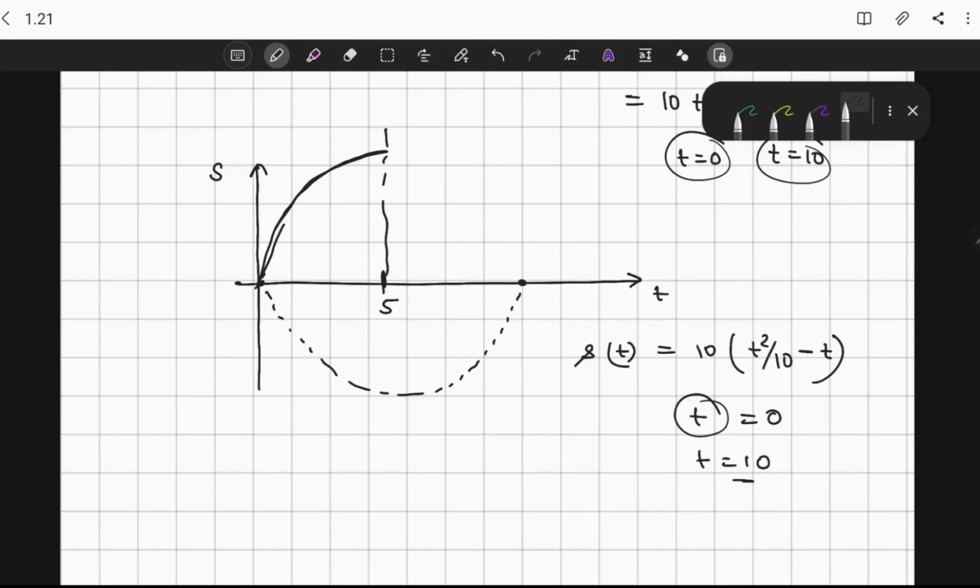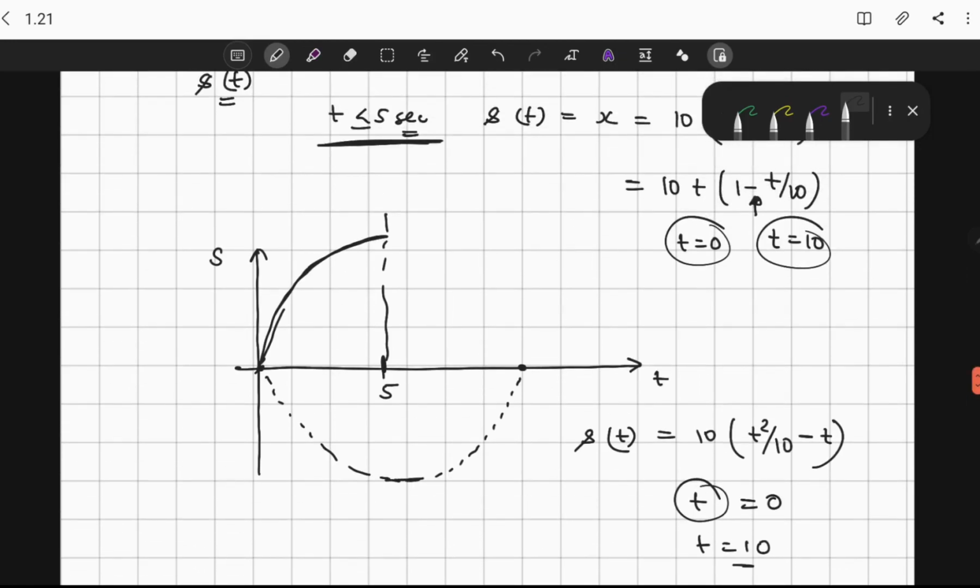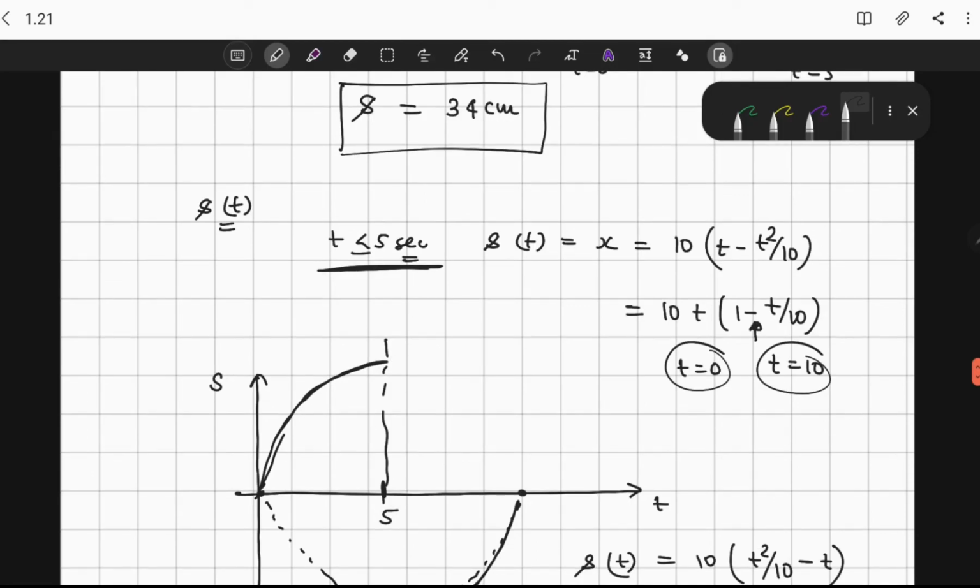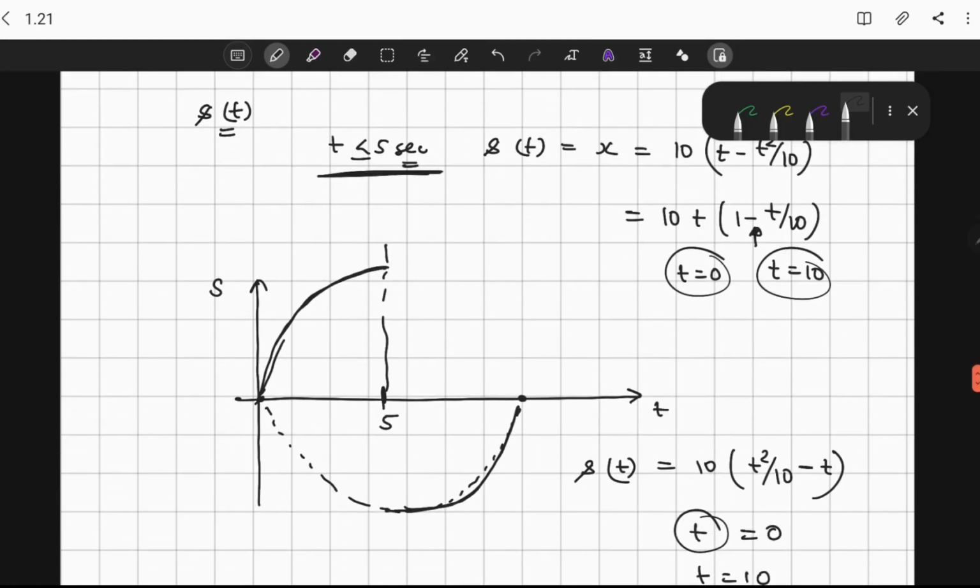But we have to find the distance. For that we have to add this particular part in this expression. So we will get the distance like this. So till t equal to 8 seconds, it will be like this. So this part of the expression.